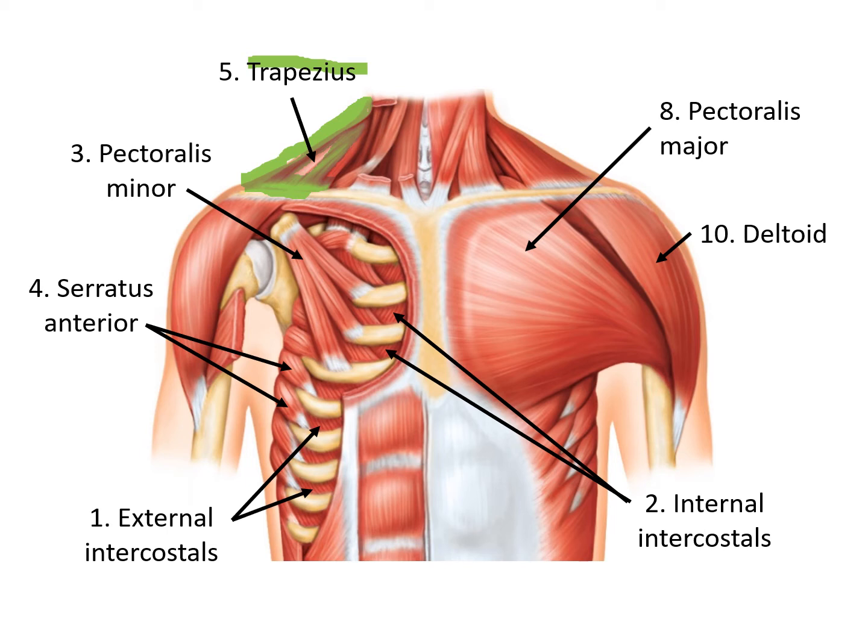I'll show it to you on the posterior where you can see more of it. It is a shoulder elevator with a few other actions. And then the last one on here, the deltoid, is the shoulder muscle, named for its triangular shape like the Greek letter delta.